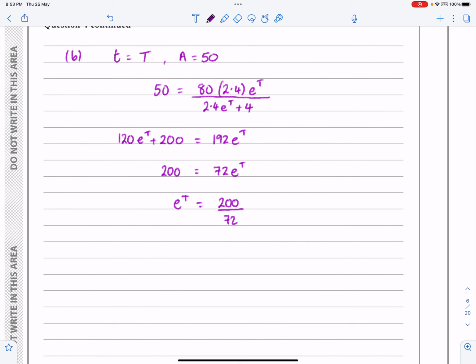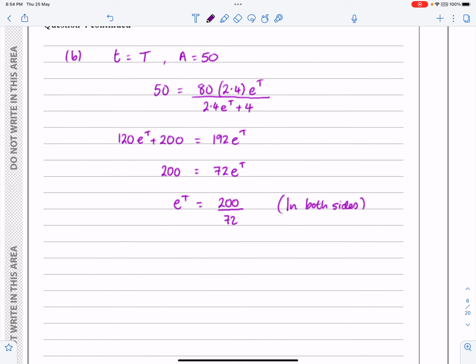But this is the stage I wanted to get to, because if I now want to get t from this, all I'm going to do is log both sides. Remember, log is the inverse of e, and in the same way as if we had squared, we'd square root. If we had divided by 2, you multiply both sides by 2.